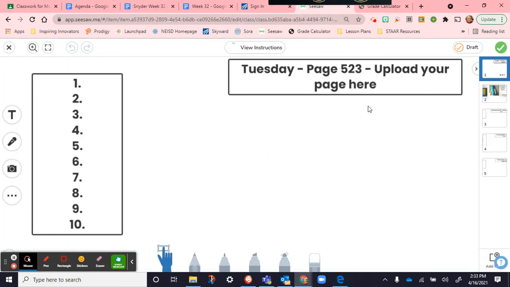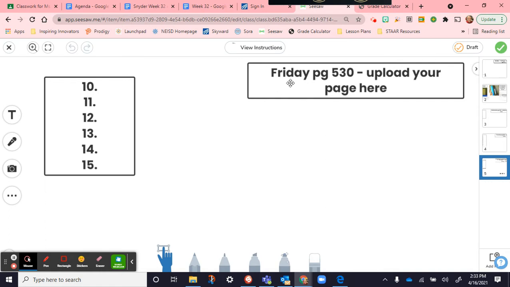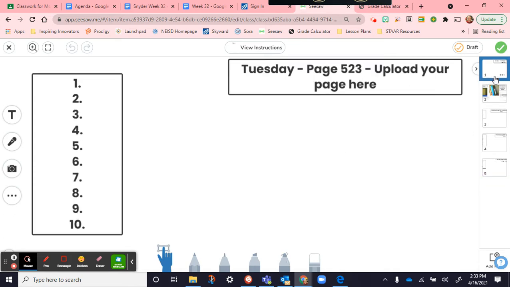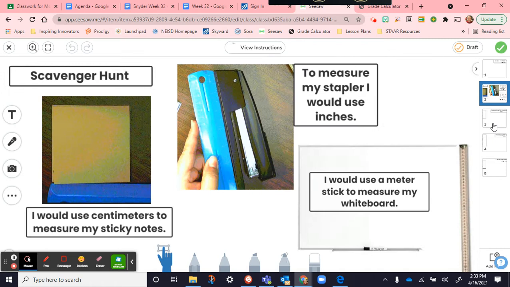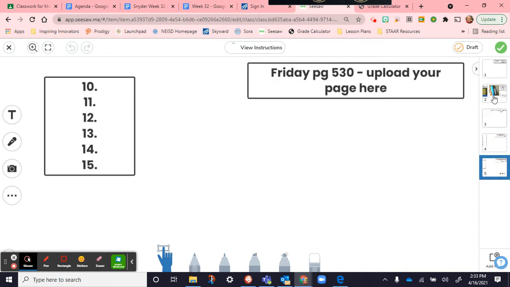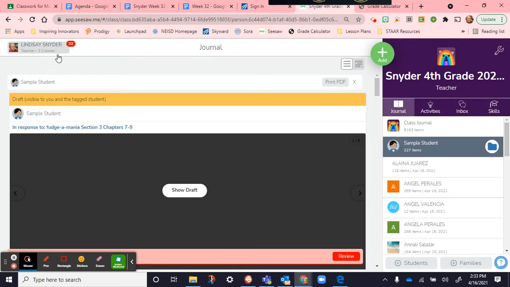All right, so you have Friday, page 530. You're doing questions 10 through 15. Go ahead, upload your work here, and then double check, make sure you have all of these pages filled in. And once you've checked it over, hit that green check mark and go ahead and turn in that assignment, okay?